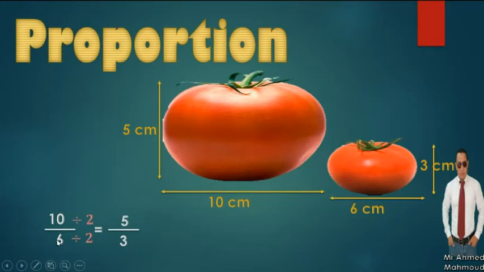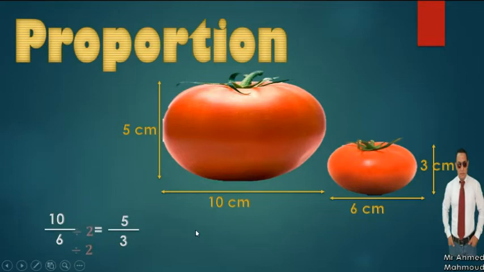Then what is the proportion? The proportion is the equality of two ratios. Now I have two different examples: two proportional pictures and two proportional ratios. Two proportional pictures means two pictures that are harmonic or symmetric to each other. Two proportional ratios means two equal ratios.